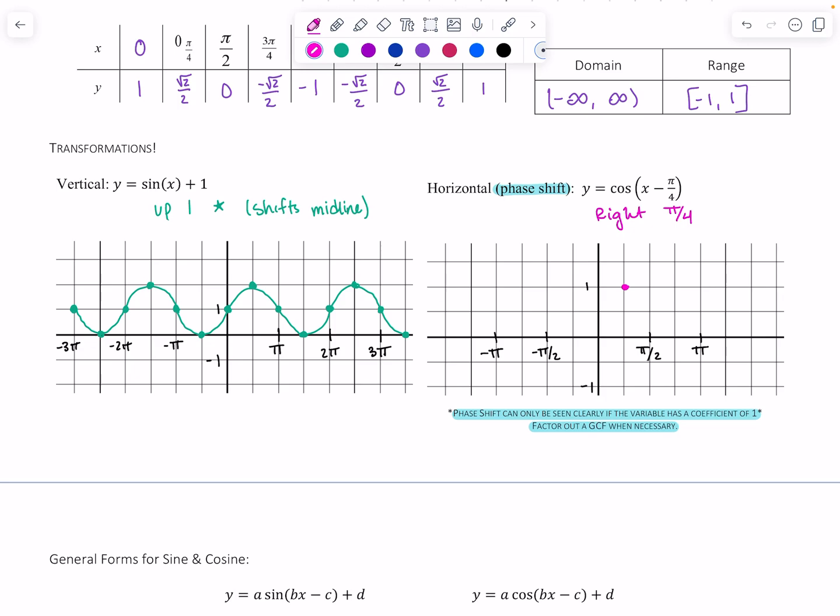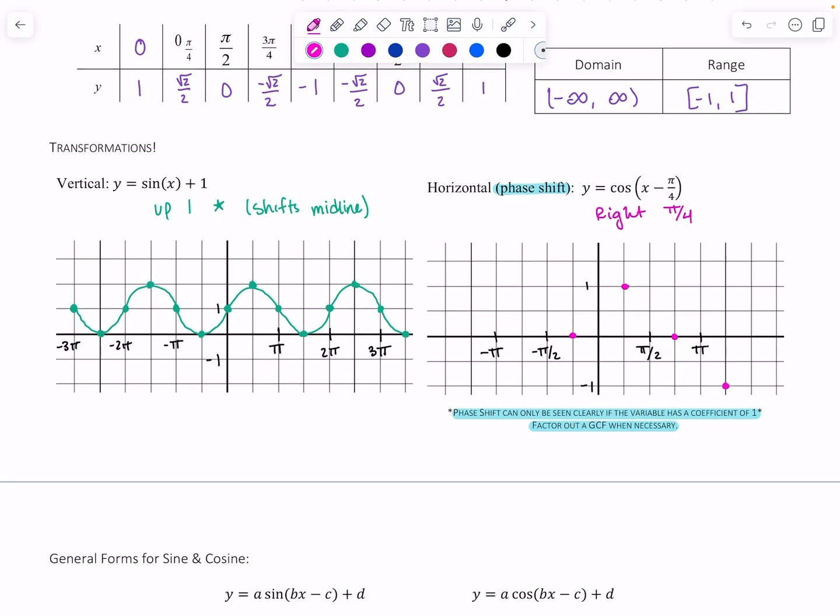The other way that you can think about this when you don't have enough room on your graph is to find a section of 2 pi that you can work with. So we're going to come back down through here, and then this goes through 3 pi over 2, and we're just shifted over a little bit. We're going to come back up through here.